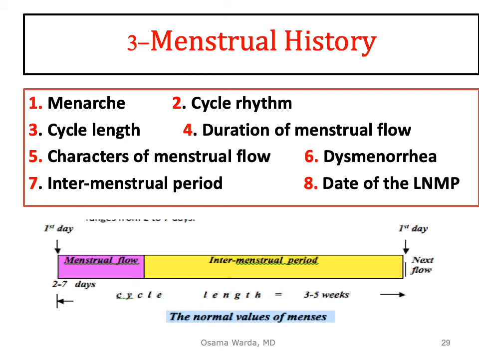Then association of the flow with pain. The term is dysmenorrhea. Dysmenorrhea is painful menstruation, pain related to menstruation that affects the daily routine of the lady. If it does not interrupt the daily routine of the lady and it is tolerable by the patient, it is not dysmenorrhea. It is menstrual molimina. And then we should ask about the intermenstrual period if it had pain, abnormal pain, bleeding or discharge.